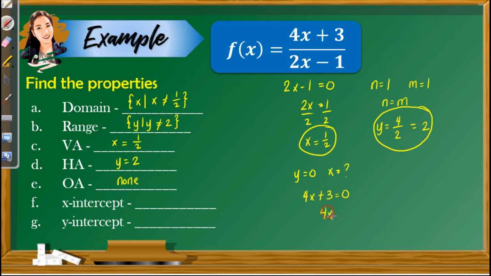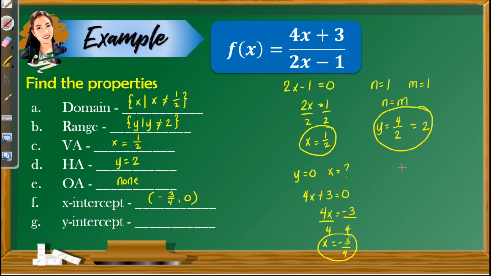Solving for the value of x, we have 4x equals negative 3. Divide both sides by 4, so we have x equals negative 3/4. We need to write the x-intercept as an ordered pair. Therefore, we have negative 3/4 for x, comma, 0 for y. So this gives us the x-intercept.